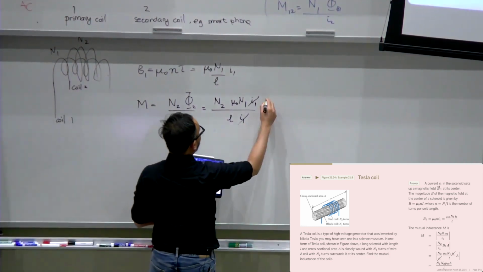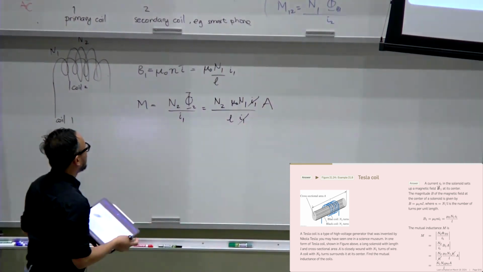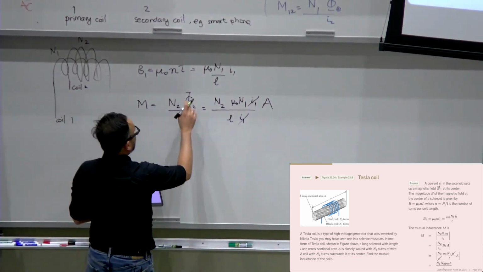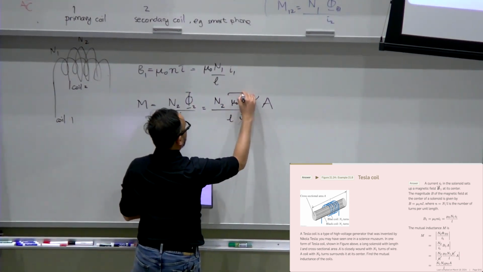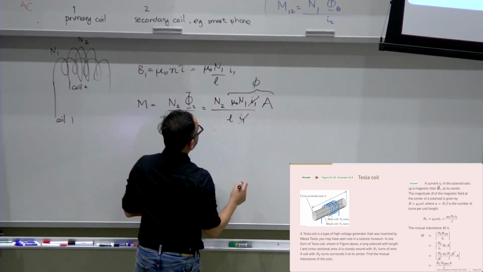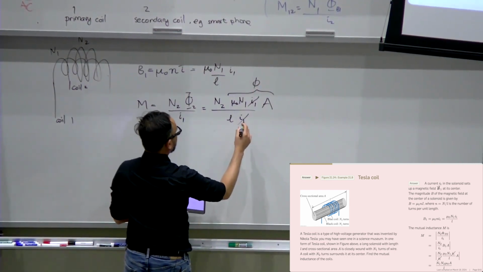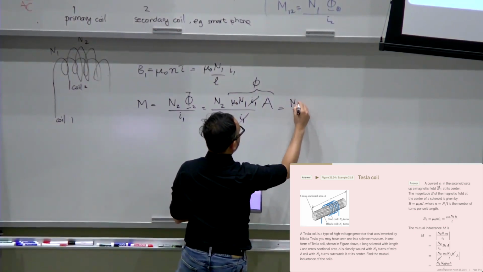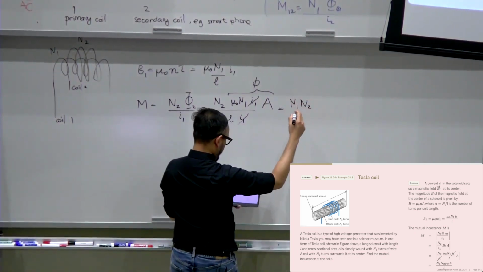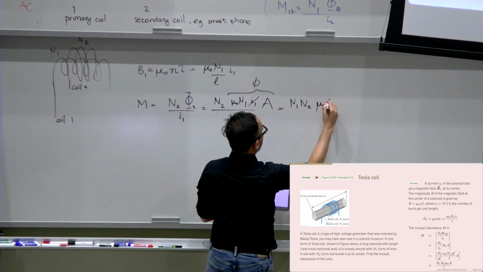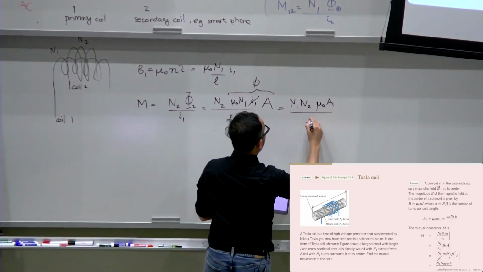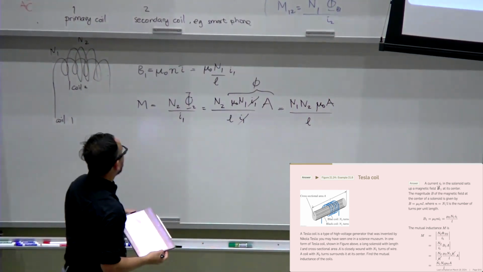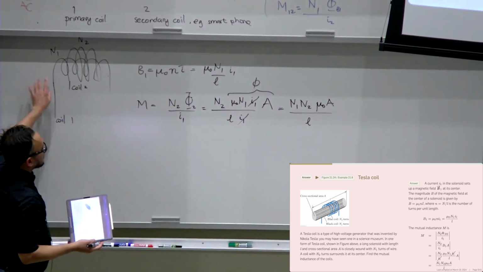Then there is A here, I forgot, sorry. So this is the flux. And then after you cancel everything, you end up with N1 times N2 times mu naught times A divided by L, okay? I'm not going to ask you this derivation.